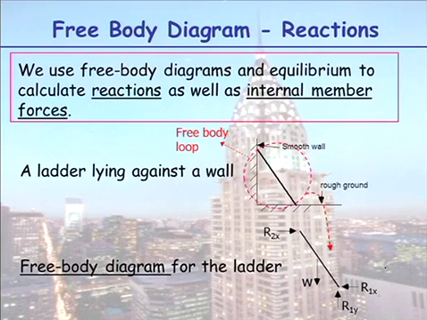Up here at the wall we said it was smooth, so that means there would be no restraint, no friction, so no force in the y direction, hence only an x reaction here. The connection between the ladder and the ground is rough, so we can rely on friction down here, so we have two possible reactions, and we have the weight of our ladder. So knowing the weight of the ladder, we can now calculate what the reactions are on that ladder.